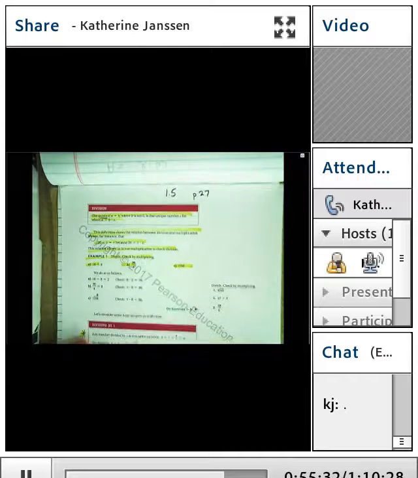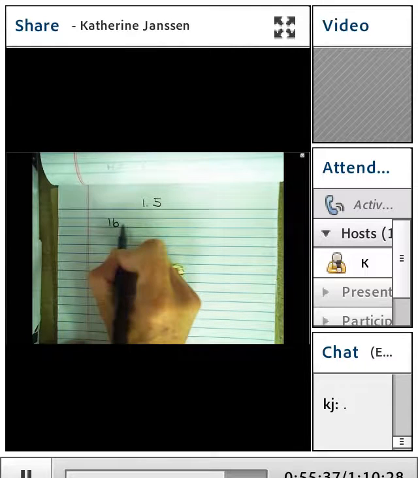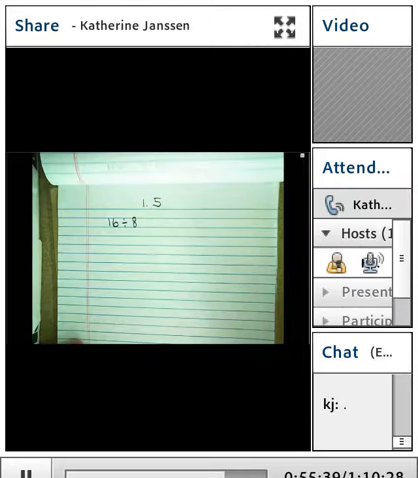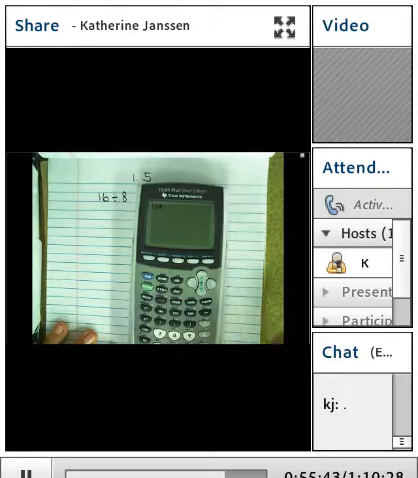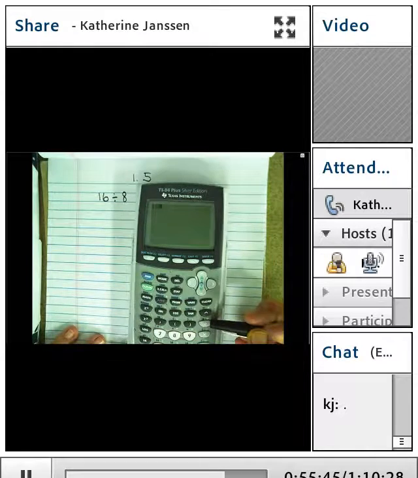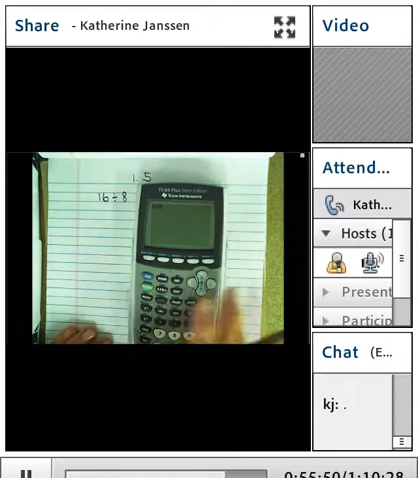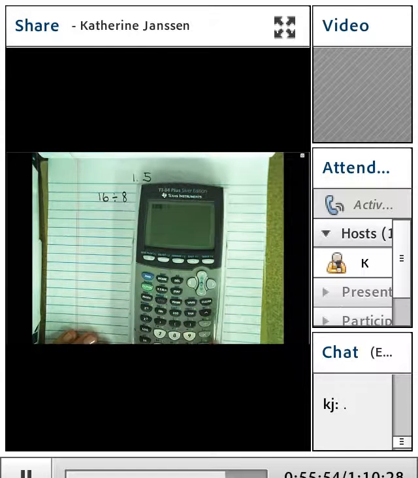So let's divide 16 by 8. On my calculator, 16, use your division sign, divided by 8. I say 16 divided by 8 is 2.